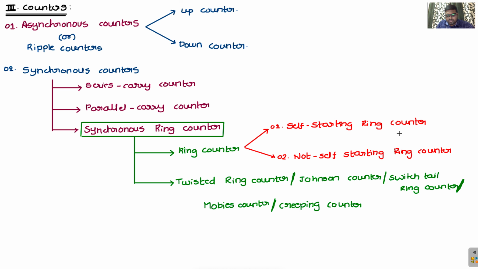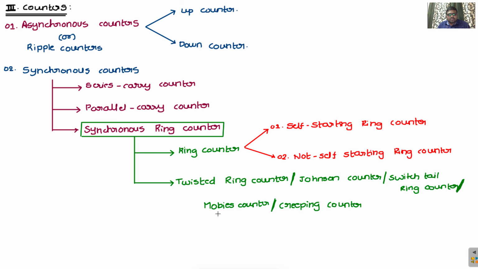Okay, so these are the counters. And synchronous ring counters are classified into two types. One is ring counter, another one is twisted ring counter. These are the alternate names for twisted ring counter. This is very important for various entrance exams.